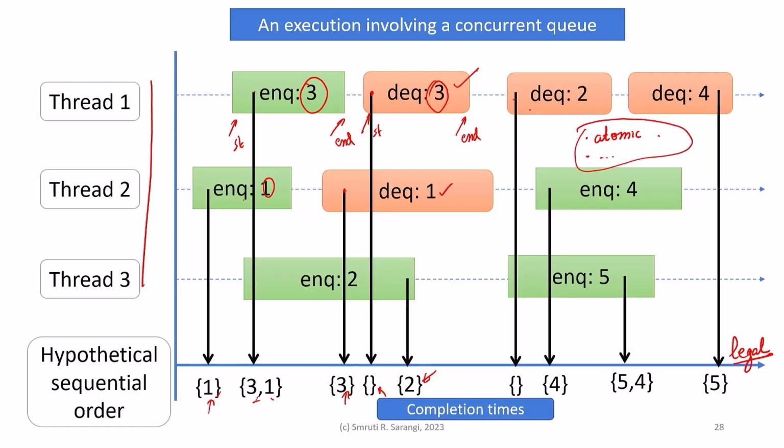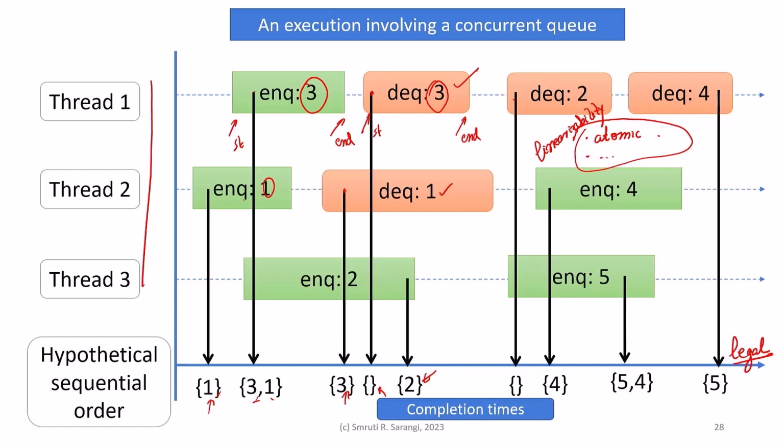Well, if it's between start and end, that's just a constraint. All three together, this specification is known as linearizability, which means that if a parallel execution is linearizable, it follows the three properties that I just mentioned. Or in other words, if you have a parallel execution, whatever it may be, a parallel queue, stack, linked list, or even a parallel memory, which is presenting itself as an array that can be concurrently accessed.